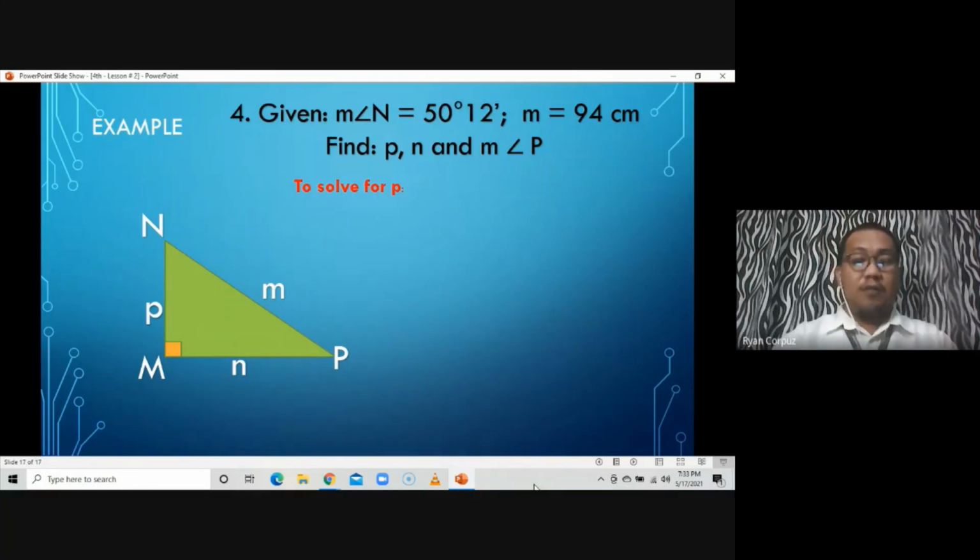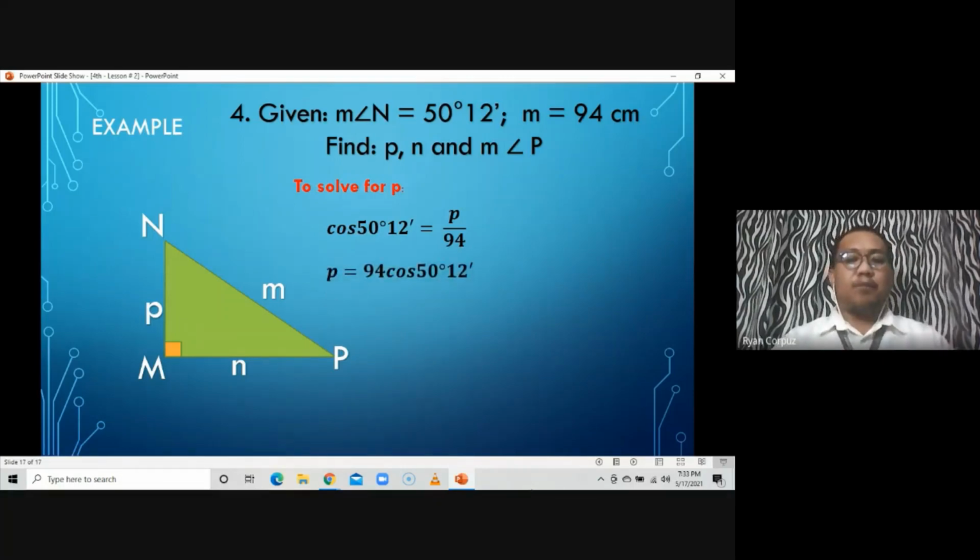So, since given yung measure ng angle, attach right away, measure ng angle. So, it should be cosine 50 degrees, 12 minutes is equal to adjacent over hypotenuse, which is P over 94. Then, cross multiply. Tulad na ginawa natin, P times 1 dito kasi over 1 to, P is equal to 94 cosine 50 degrees and 12 minutes.